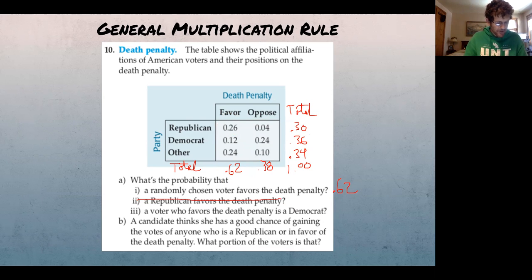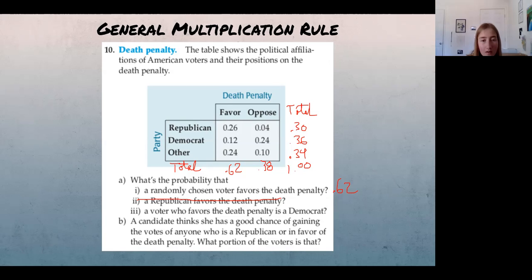What is the probability that a voter who favors the death penalty is a Democrat? I think I only have one way of reading this question. Is it 0.12 out of 0.62? There you go.